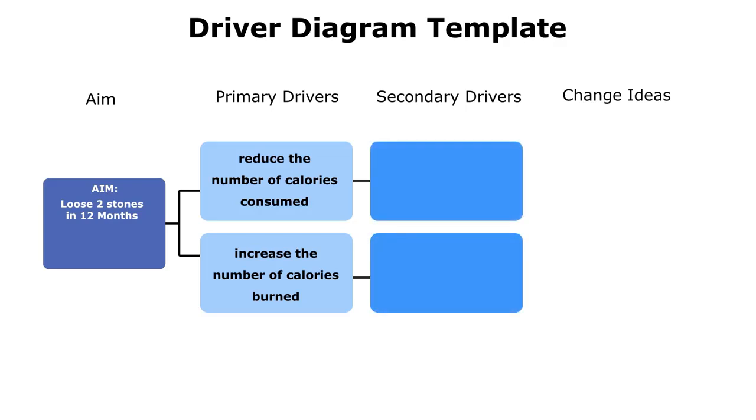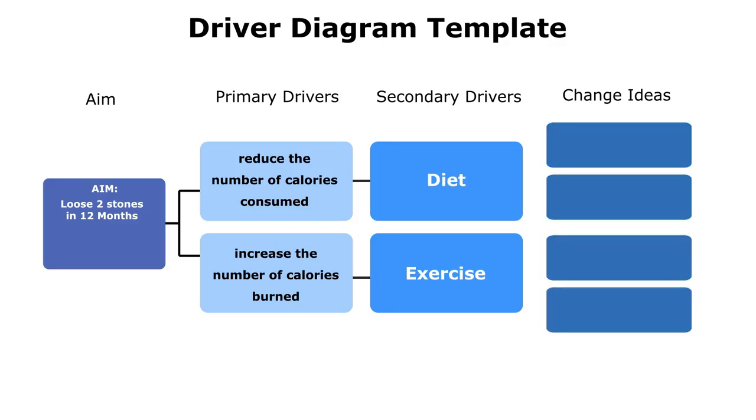The next step is to determine whether the primary drivers can be broken down further. We could look at what factors can reduce the number of calories. For example, the secondary driver can be diet, and to reduce the number of calories burned, the secondary driver can be exercise. Once all the drivers have been identified, you could use these to help define the projects or the small changes you can take to achieve these.